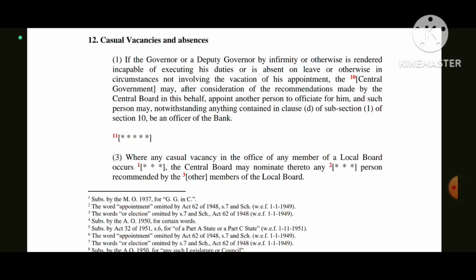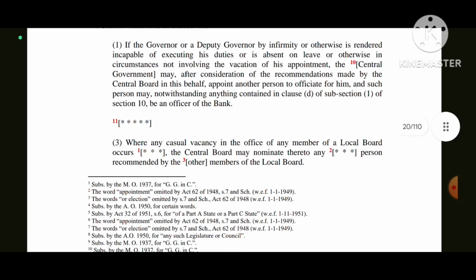In place of the governor or deputy governor, a person can officiate, and such person may, notwithstanding anything contained in clause D of subsection 1, be an officer of the bank. So clause D of subsection 1 of section 10 will not be applied here for this appointment.